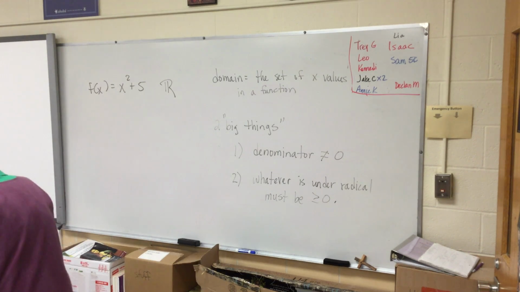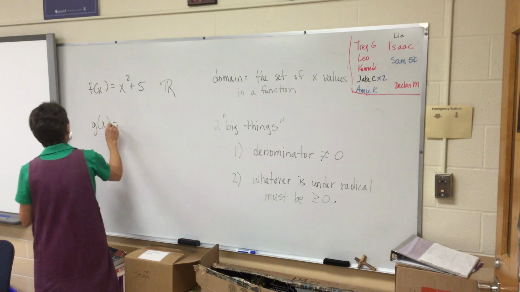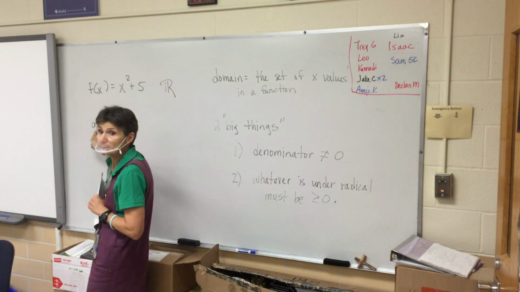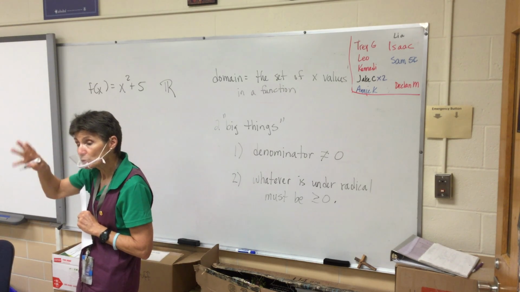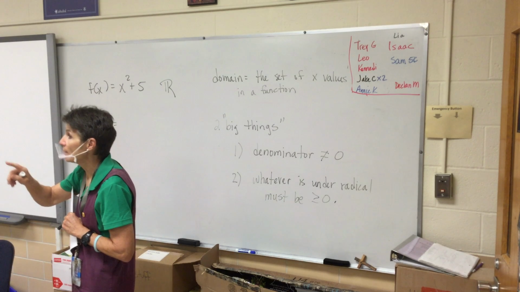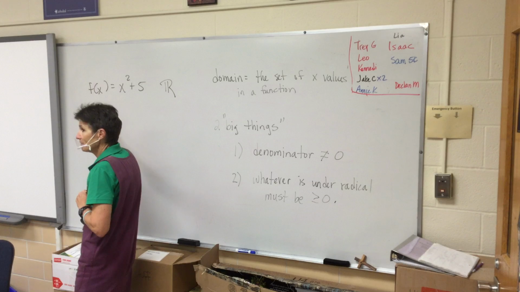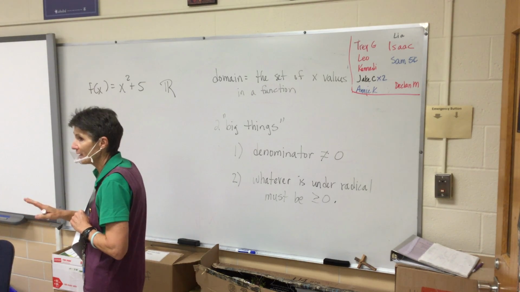But now we look at the next one, and by the way, this letter has nothing to do with it. Functions can be named whatever you want. Remember our projectile motion function was s of t? Doesn't matter. g of x, f of x, s of t, that's irrelevant. Don't get hung up about that.